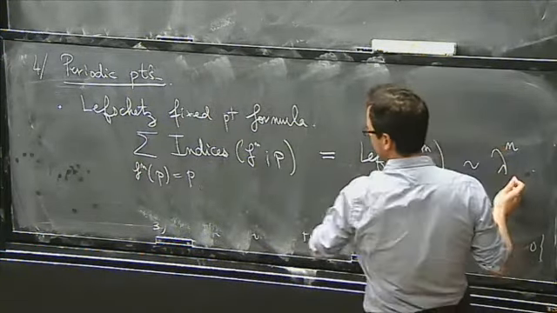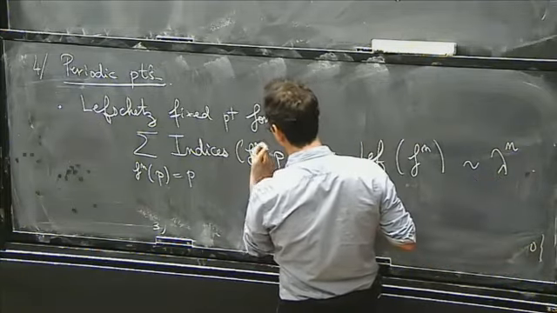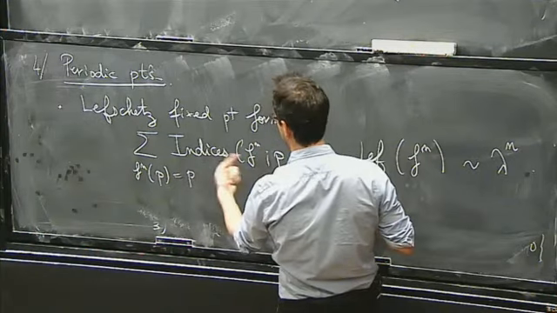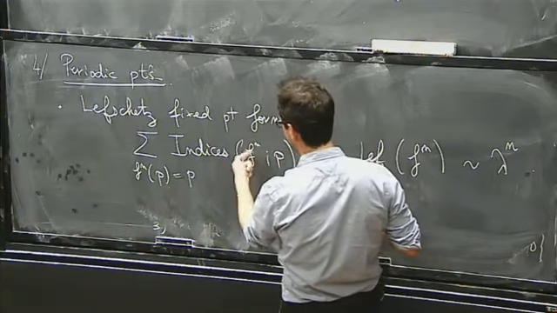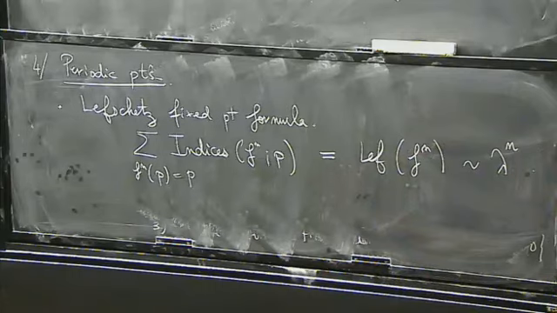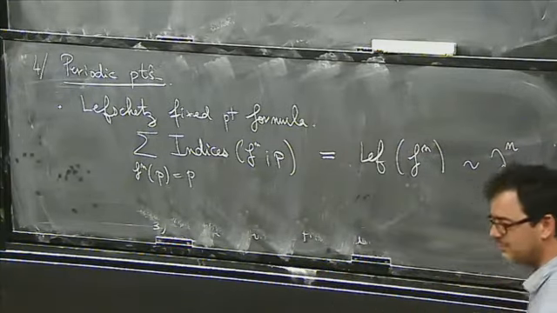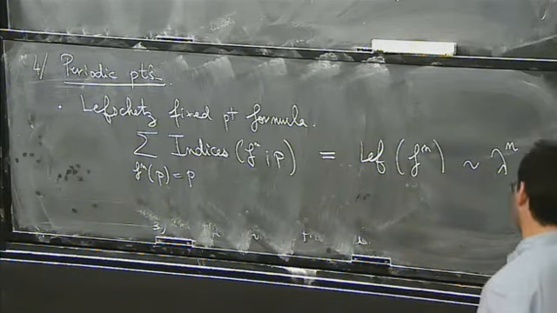So we expect this sum to grow like lambda to the n. The point is that if you fix one point P and you look at the sequence of indices of f to the n at the point P, which is fixed, when n varies, this sequence is bounded. This is not difficult to show for holomorphic mappings, and it's due to Shub for general diffeomorphisms of compact varieties.